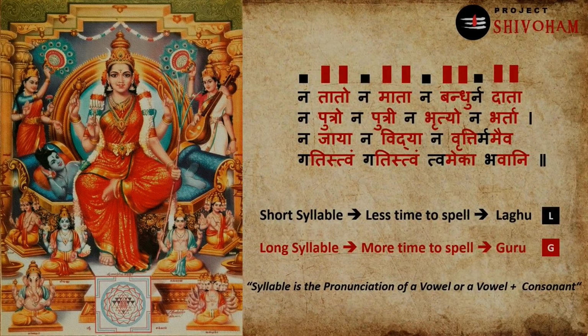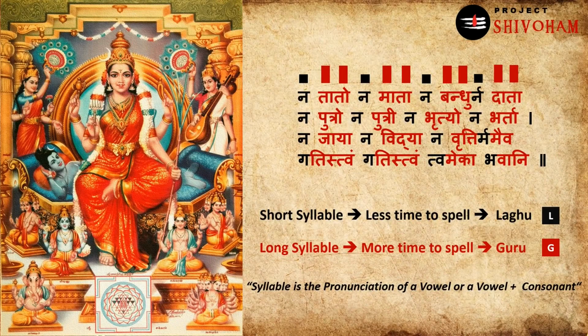I will explain why we are talking about Chandas Shastra, but before that, one very important thing. Just like in music, where every song that we listen is an arrangement of 7 different notes in different combinations, same way, every Sanskritam poem is a huge combination of short syllables and long syllables, or in other words, Laghu and Guru.